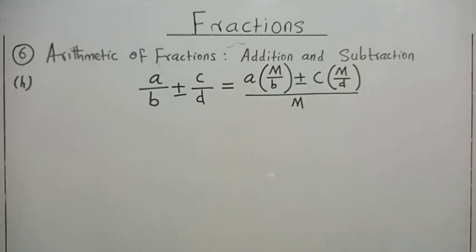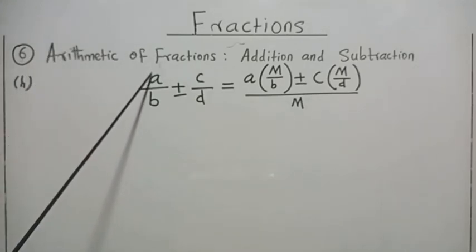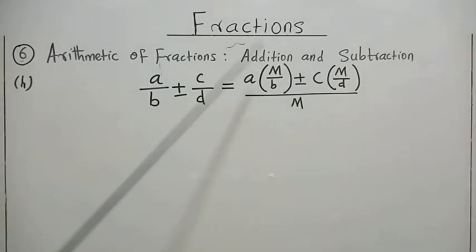That is why in practice, people look for the LCM of this B and D. They say, find the LCM of the denominators. Divide that LCM each time by the denominators. And when the answer is gotten each time, multiply the result by the corresponding numerator. This is what is summarized here.